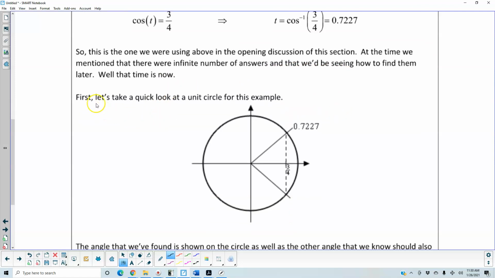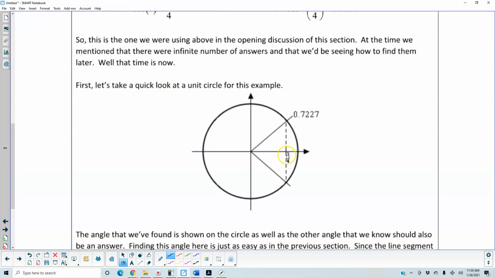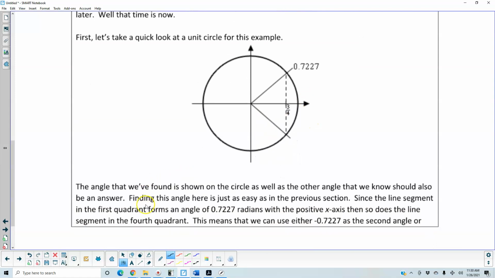So, first, let's take a quick look at the unit circle for this example. Here is 0.7227. The angle that we found is shown on the circle, as well as the other angle that we know should also be an answer. Finding this angle here is just as easy as in the previous section.